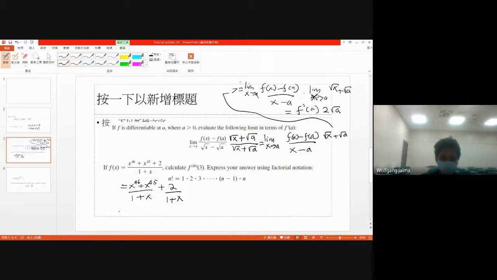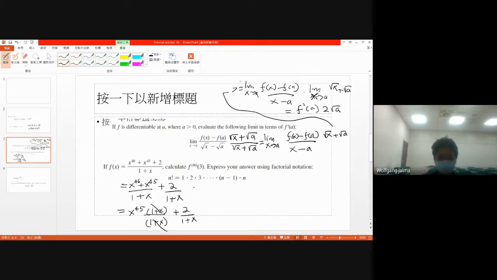So this is x to the 45 times (1 plus x) over 1 plus x, plus 2 over 1 plus x, right? So it is equal to x to the power of 45 plus 2 over 1 plus x.